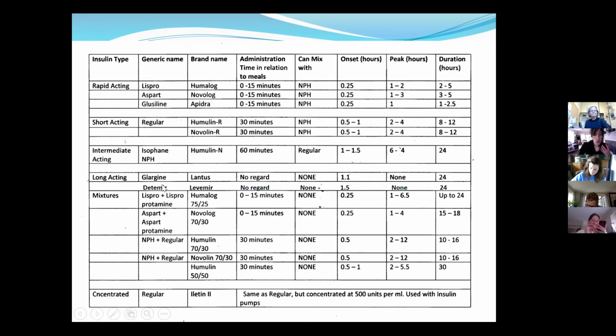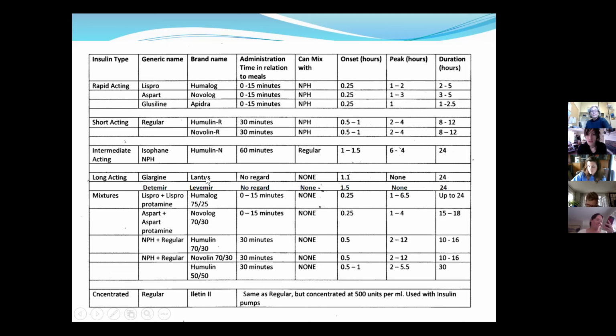Glargine, Lantus and Levemir are long acting, and with respect to administration time in relation to meals, there's no relationship. We don't worry about meals because this insulin works for 24 hours.